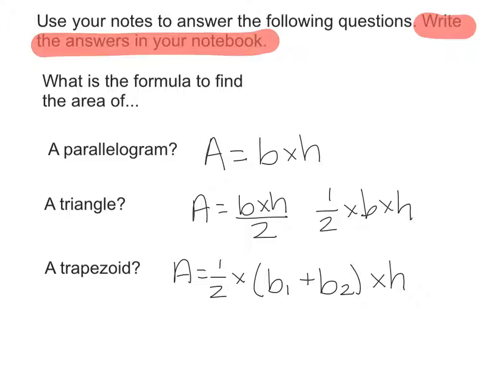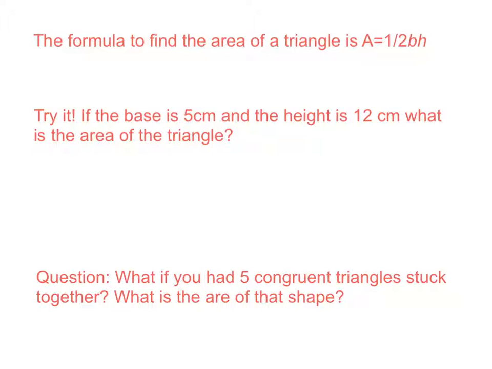And in a triangle and trapezoid, we are also dividing it by 2. And remember, a parallelogram is also kind of like a rectangle, which you're familiar with the length times width formula. Very similar. Base times height just works when you start moving into these other shapes as well.